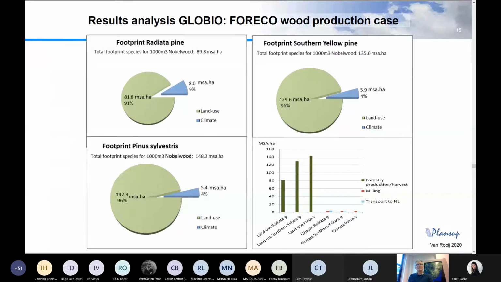For Foreco, they had wood from different sources, and they said, okay, if we take wood from a sustainably managed forest in Germany, or we take it all the way from New Zealand. To their surprise, the wood from New Zealand had a smaller footprint, even with transport and everything involved, than the sustainably managed forest. However, they didn't take into consideration the economic allocation of the multiple uses of that forest.